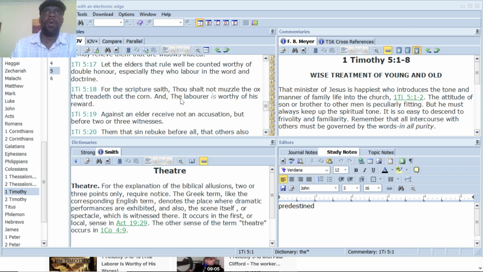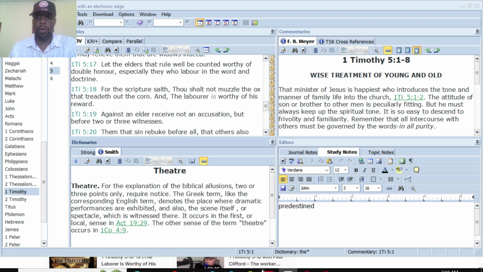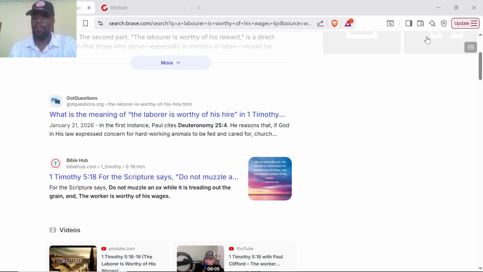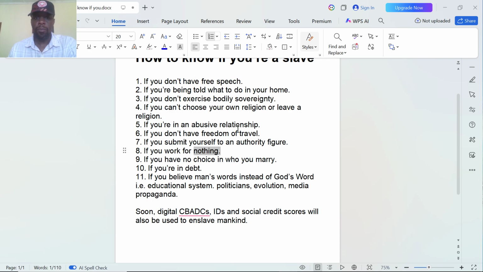So similar words to those that were spoken by Jesus. The laborer, the worker, is worthy of his reward. In other words, his wages or his pay. Okay, you're supposed to get paid when you're working. You shouldn't be working for free. Now, some employers will say, "I'm not paying you because you're an apprentice and you're learning on the job." Even apprentices get paid. You're supposed to get paid when you're working.